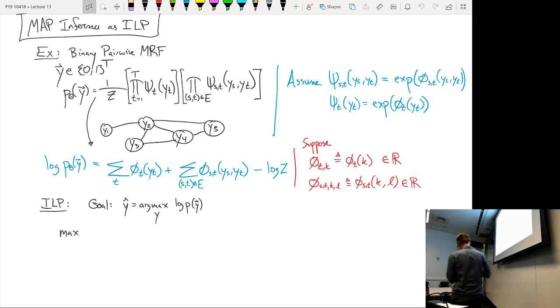Okay, let's push on a little bit here, see if you guys can fill in the details. So suppose what we have is a sum from t equals 1 up to capital T, right? And for each of those, I'm going to take, so remember we're maximizing over y, and we're going to say for each one of these, we're going to have the value of yt, and we're going to multiply that by phi t comma yt.